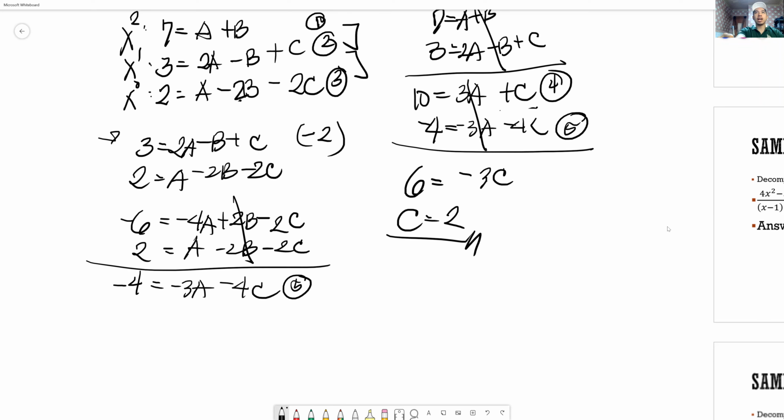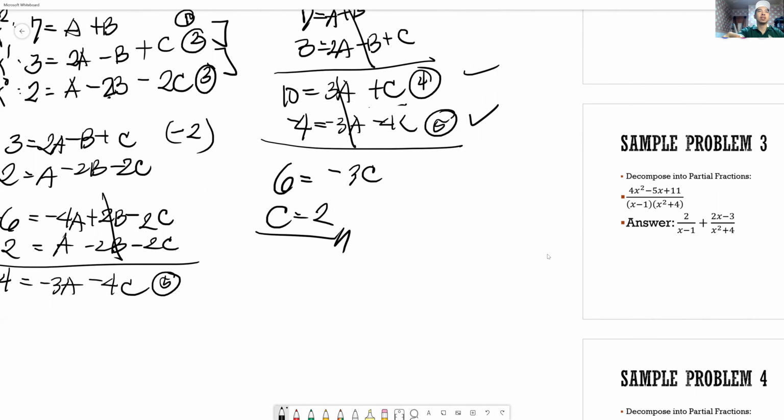We can substitute that either in equation 5 or equation 4. So for that case, let's just substitute that in equation number 4 since c has no multiplier in equation number 4. So that will have here 10 equals 3a plus 2. Transposing 2 to the other side, so that would be 10 minus 2 equals 3a. So that 8 is equal to thrice a.